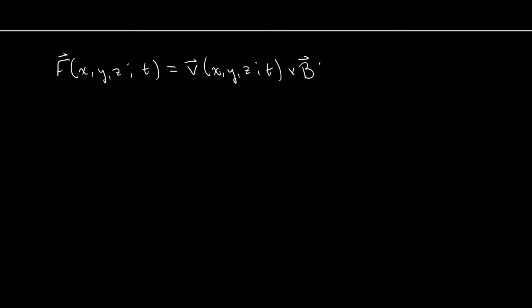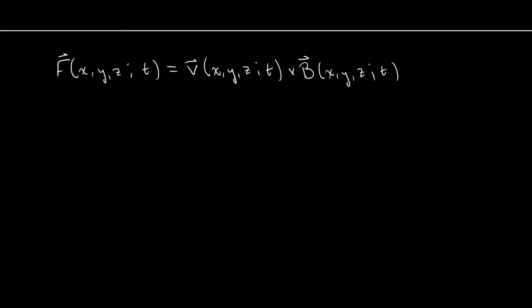It doesn't really matter what it is at this point. If my force is written as a cross product between the velocity and some vector field, what happens with the potential energy?